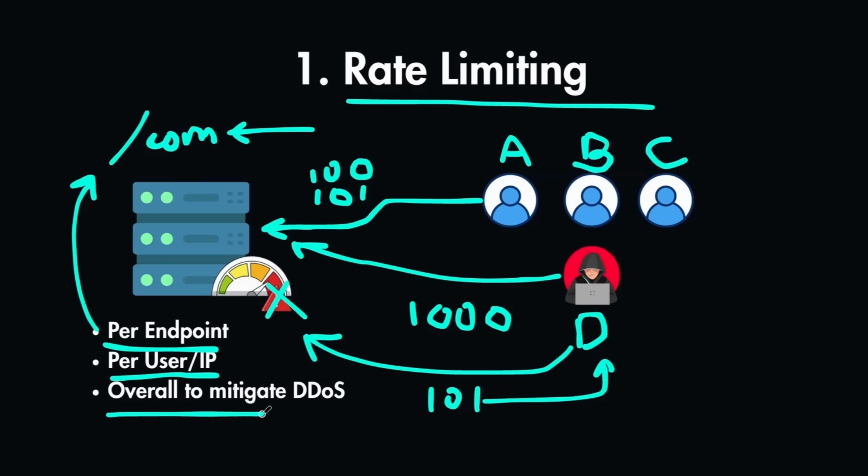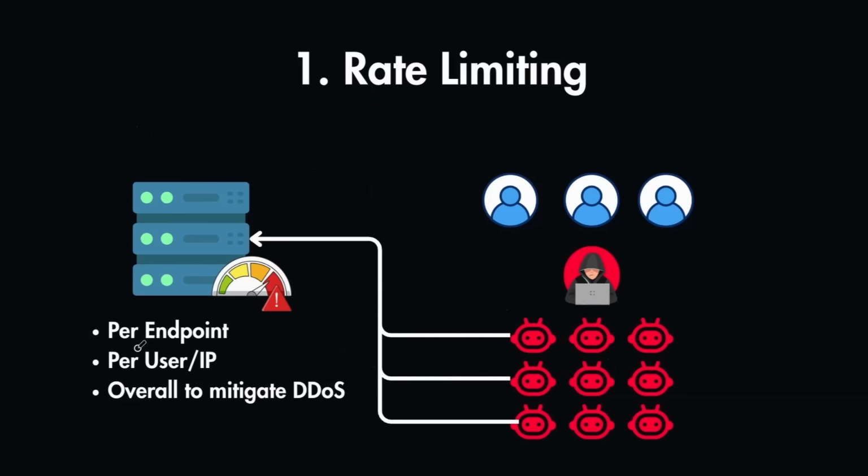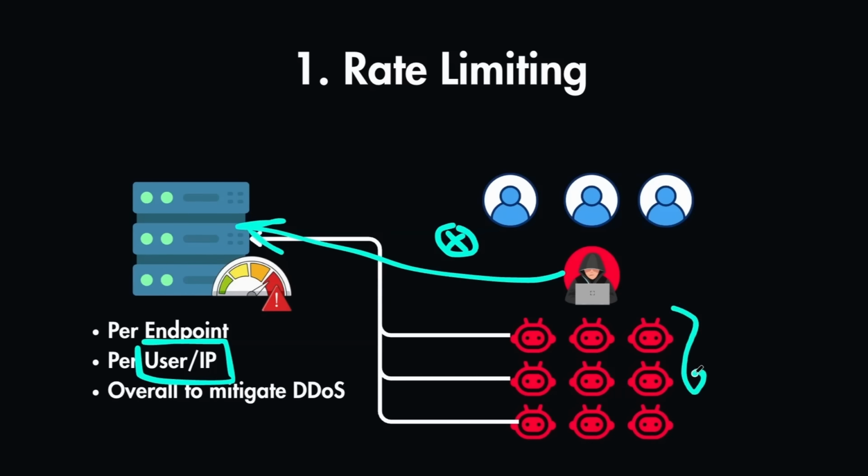And there is also overall rate limiting to protect from DDoS attacks. Since you can set the rate limit to work per user or per IP address, that means that this attacker alone cannot send that many requests. You will block it with your rate limiting in the API. But what they can do is spin up some bots, and each bot will have its own limit, right? Let's say you've set it to 100 per IP address.